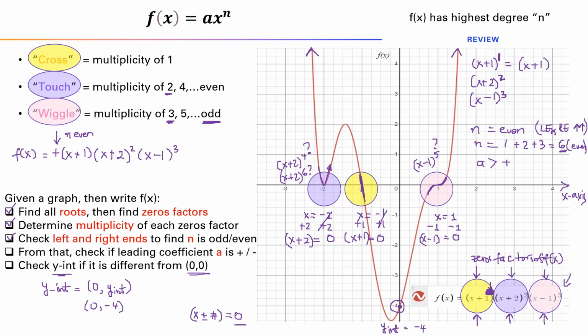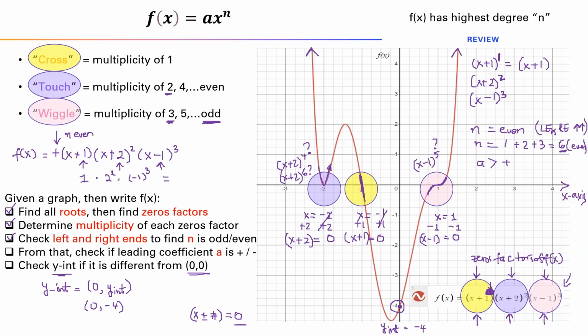Okay, now we check for the y-intercept. How do we check it? We take the number here, multiply with the number here, so it will be 1 times 2 times -1. And also, we have to distribute the multiplicity outside to that number as well.